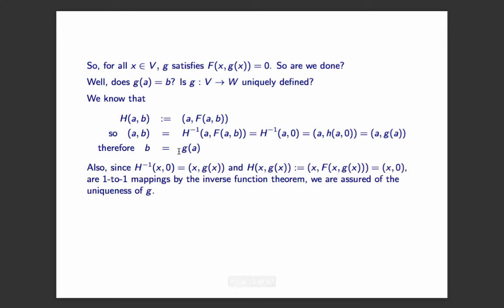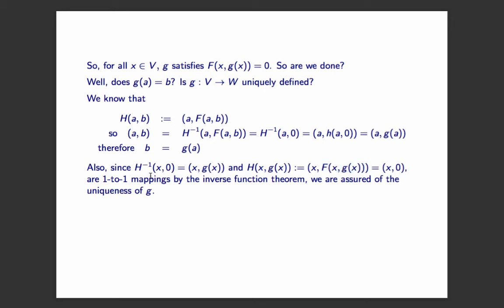Now, is G uniquely defined? Well, remember, H inverse of (x, 0) equals (x, G of x). And H of (x, G of x) is, by definition, (x, F of (x, G of x)). Remember, we showed that that is 0.